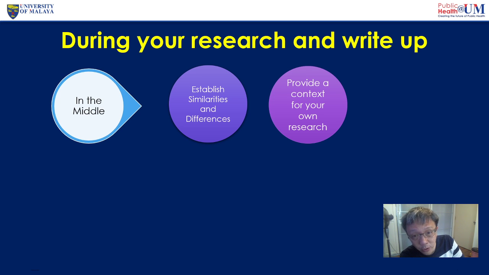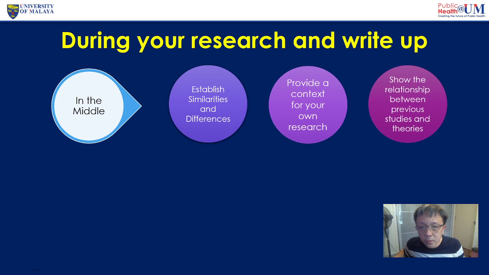You still need to continue. Why do you need to continue? You want to look at whether there's similarity or differences between what you have found, and you provide a context for your own research, and show the relationship between previous study and theories.